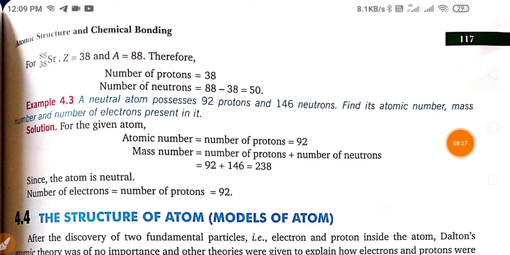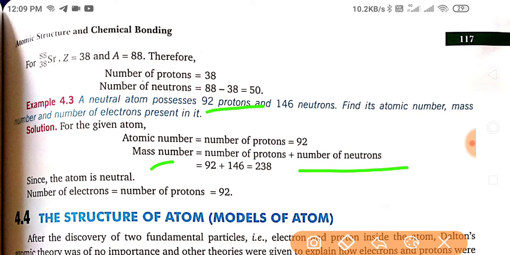But another question is there. A neutral atom possesses 92 protons and 146 neutrons. Find its atomic number, mass number, and number of electrons present in it. For the given atom, atomic number is equal to number of protons, which is 92. Mass number is number of protons plus number of neutrons.